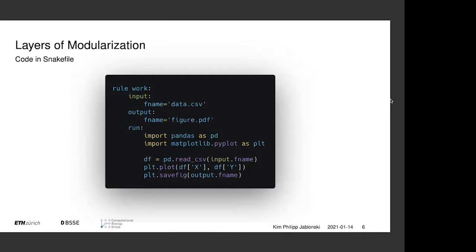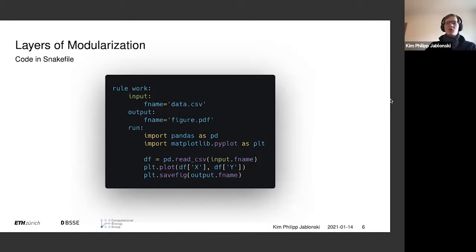In Snakemake, if you want to have some code that is running as part of a rule, your first step would always be to use the run directive, where you can put simply arbitrary Python code for a rule. And this is basically executed as is, and all the code lives in your snake file. If you just have some short snake files or some short code, this is typically very fine.